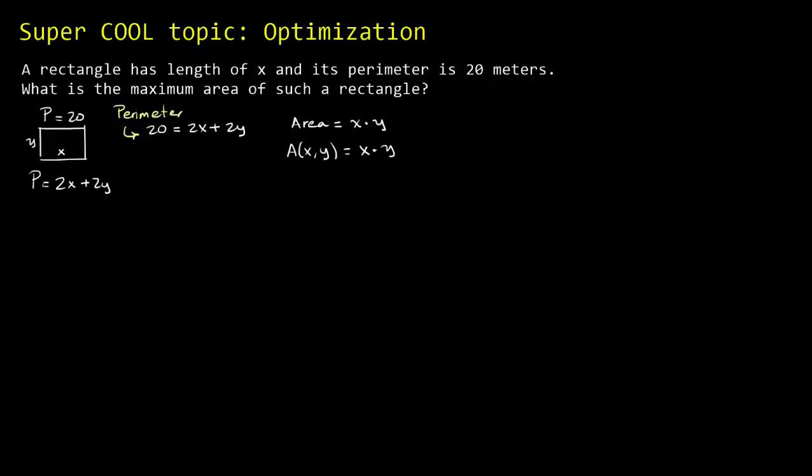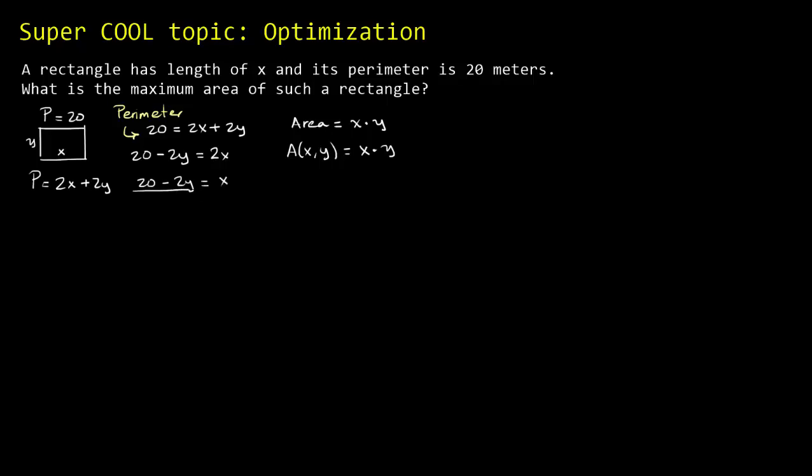That's why we got the perimeter. If I solve for one of the two variables, I'm going to solve for x. 20 minus 2 times y will be equal to 2 times x. Now I divide both sides by 2. We get 20 minus 2 times y, all over 2, equal to x.